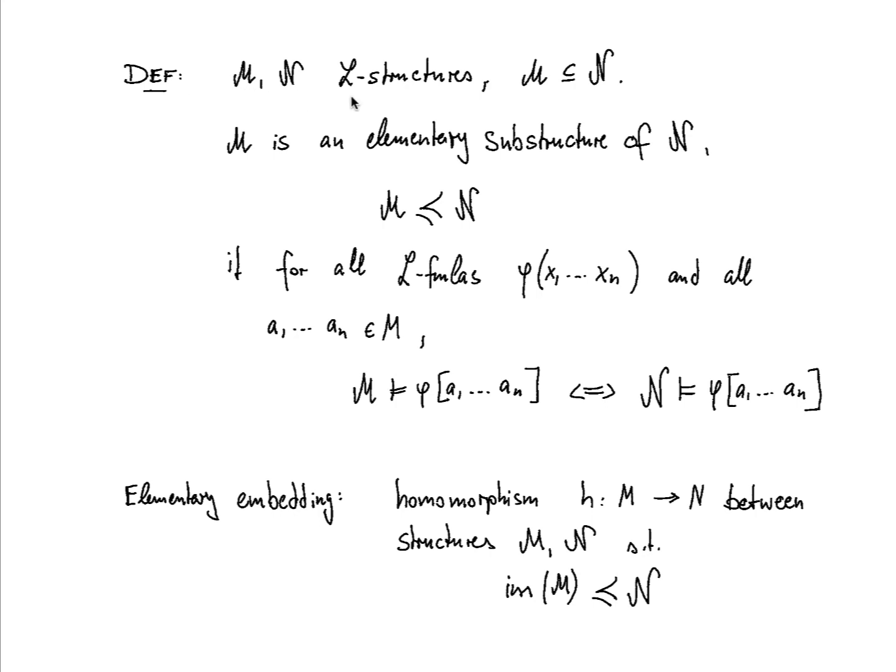So let's assume we have two structures over the same language, M and N. And we also assume that M is a substructure of N. Then M is called an elementary substructure of N if for all L formulas phi with free variables among x1 up to xn and all n elements a1 up to an from M, that formula phi is true in M under the assignment a1 up to an, if and only if it's true in N under the same assignment.